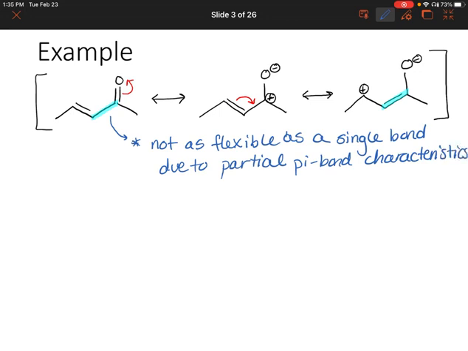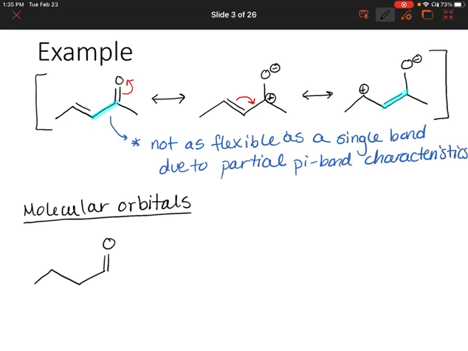Okay, so let's talk a little bit about the molecular orbitals for each of the atoms in this molecule. I'm just going to redraw the first resonance structure, and let's go through and figure out what the hybridization of each atom is.